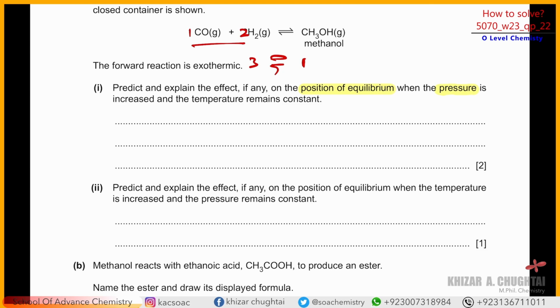When the pressure is going to increase, equilibrium will be shifted toward that side where there are fewer moles. So basically, predict and explain what will happen.